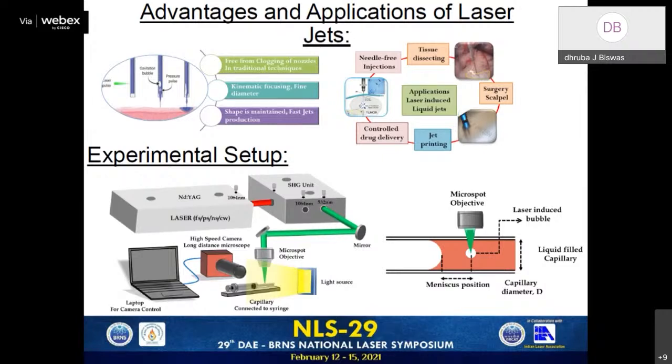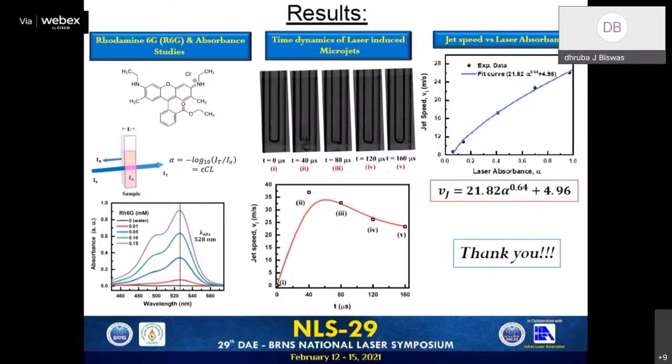In the result and discussion section, we have successfully demonstrated how the variation of laser absorbance can tune the jet formation and jet speed, for which we have utilized this rhodamine 6G sample, which has shown significant concentration-dependent variation in the absorbance around 528, 530, 532 nanometer, and which we have further utilized for the formation of jets as shown in the middle panel.